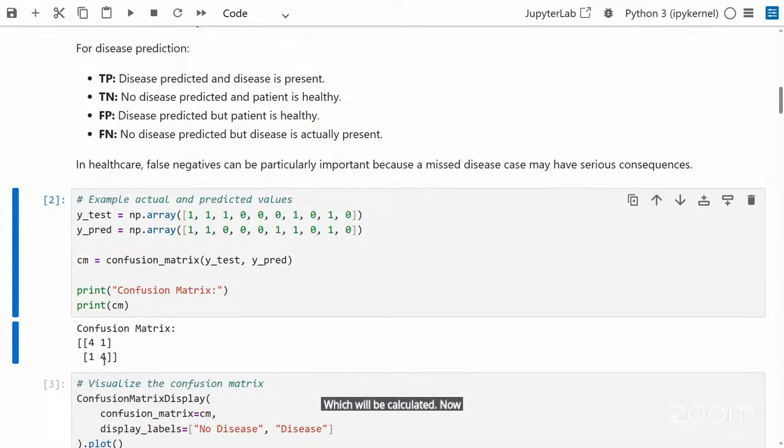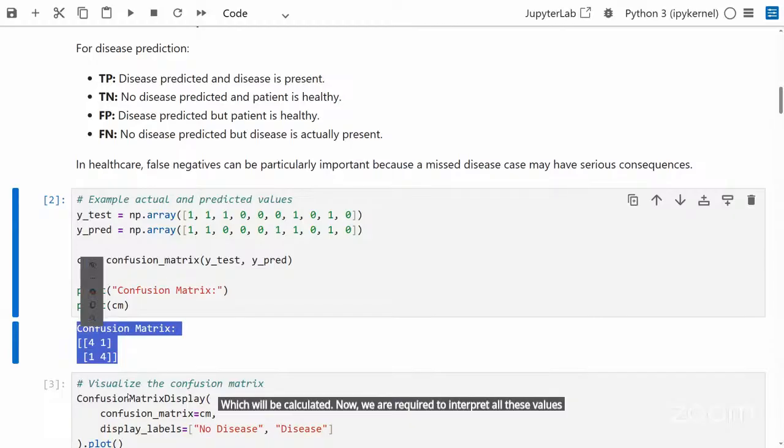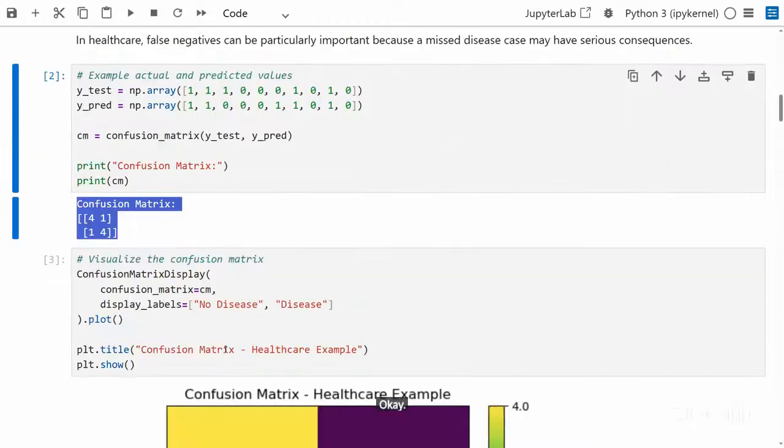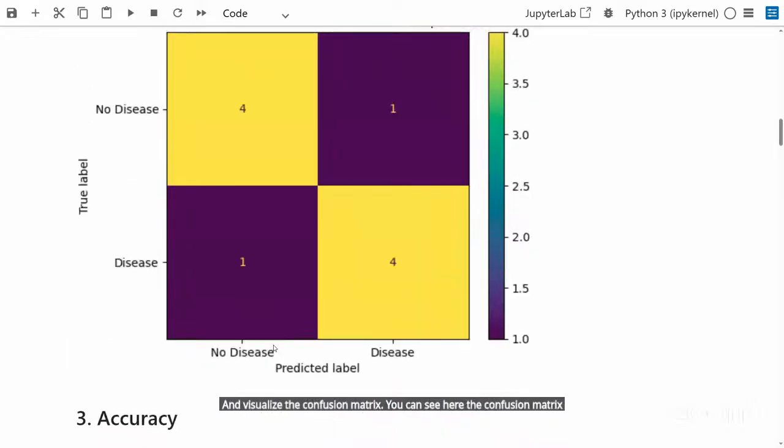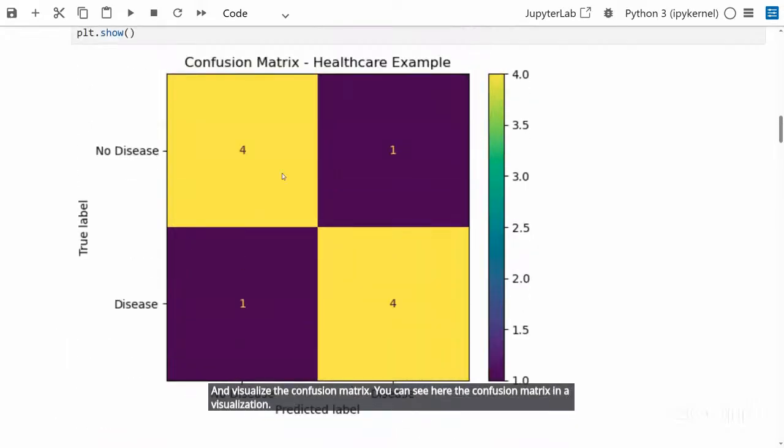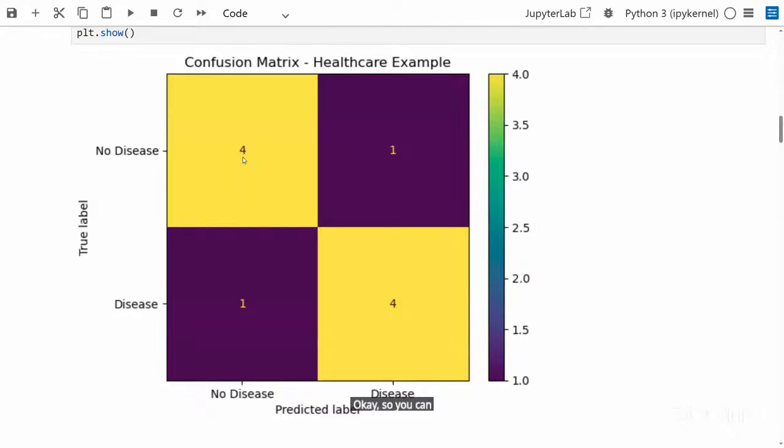Now we are required to interpret all these values, and for that you have to compare and visualize the confusion matrix. You can see here the confusion matrix in visualization. These are the values which we compute.